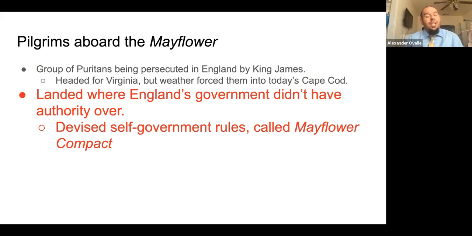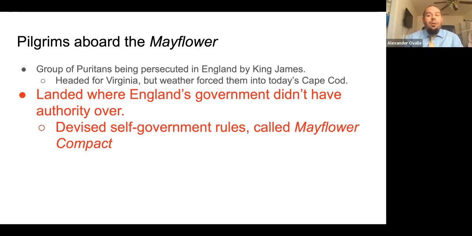They headed for Virginia because that's where most of the colonists, or the British immigrants, were going towards. But weather forced them and their boat to what is today called Cape Cod or the Massachusetts Bay. Now, they landed where England's government did not have authority. England did not claim this land.